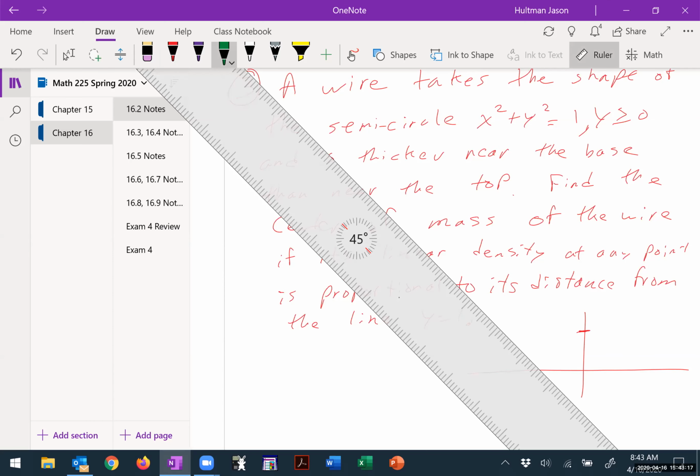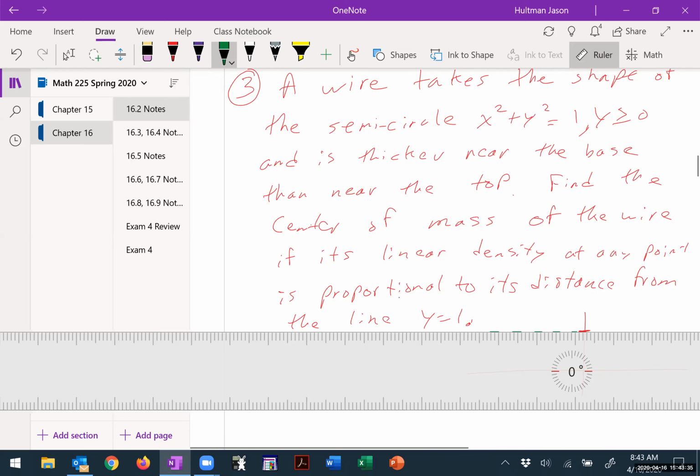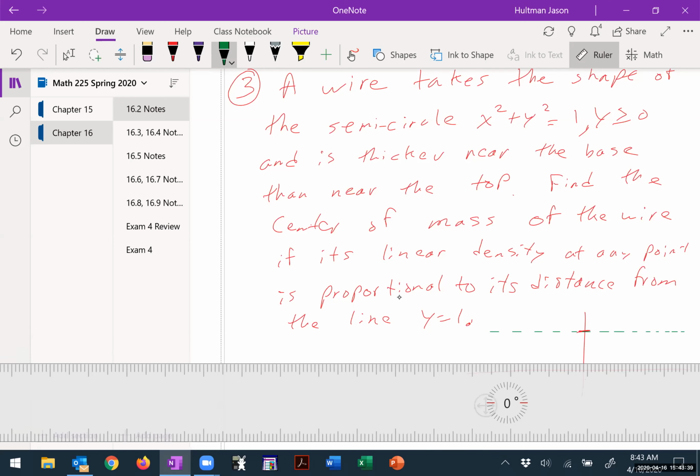Let me get my ruler here. Let's move that down a little. Then I'm going to do some dashing. Boom. Okay. Let's get rid of the ruler. So we have our auxiliary line, y equals 1.